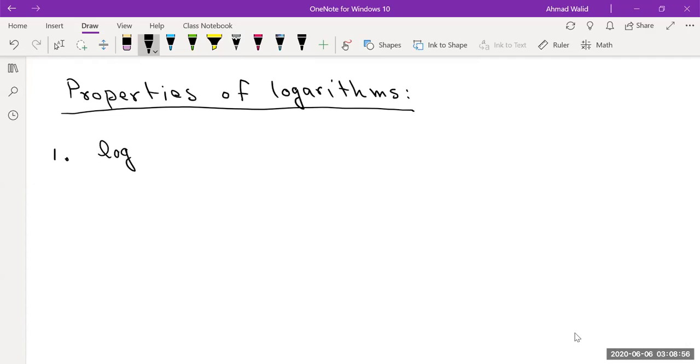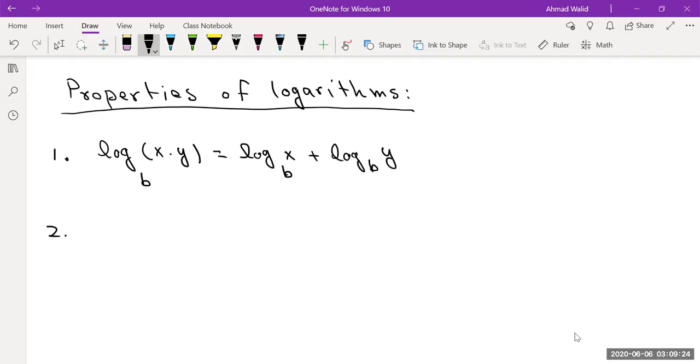If you have log of x times y base b, it means if you have the log of a product, when you expand the log of a product, you can write it as an addition of 2 separate logs. You can write log of x base b plus log of y base b.